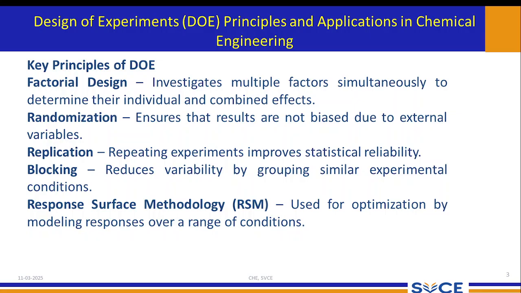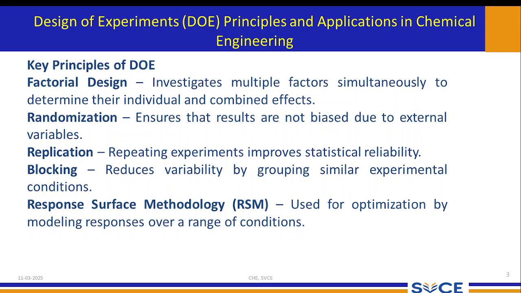The error bar indicates the experiment was not conducted only once. It may have been conducted in triplicates or more, until we get the concordant value. Repeating experiments improves statistical reliability.